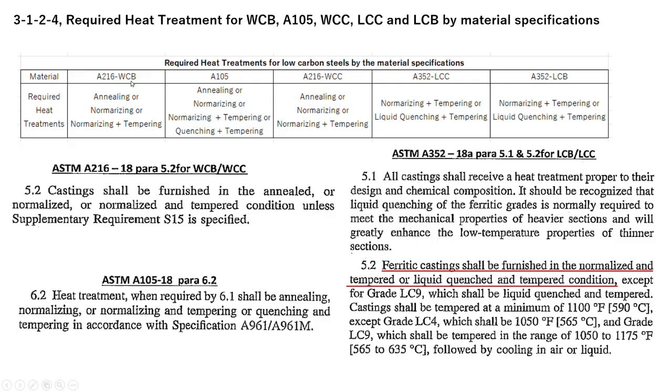So WCB, A105, and WCC casting are used for middle temperature or relatively high temperature service, so three different heat treatments are specified, but usually we consider the annealed heat treatment condition for WCB, A105, and WCC casting.